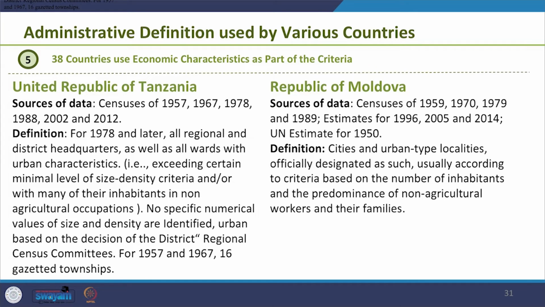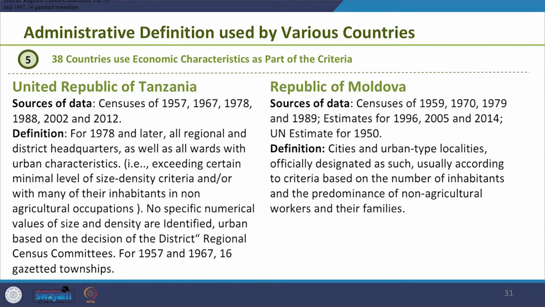Here we see all regional and district headquarters as well as all wards with urban characteristics, that is, exceeding a certain minimal level of size or density criteria and/or with many of their inhabitants in non-agricultural occupation. So the economic profile, the nature of jobs people do, also helps as criteria placed by some of the countries.